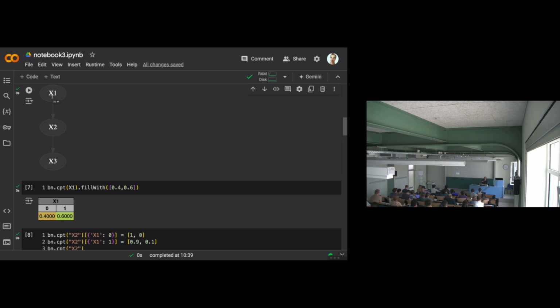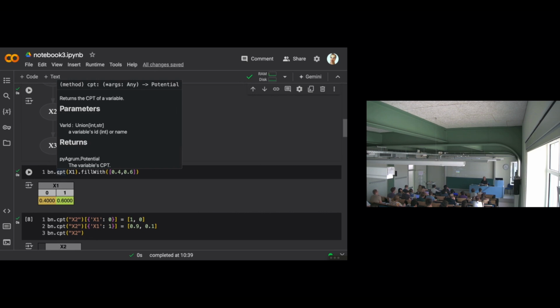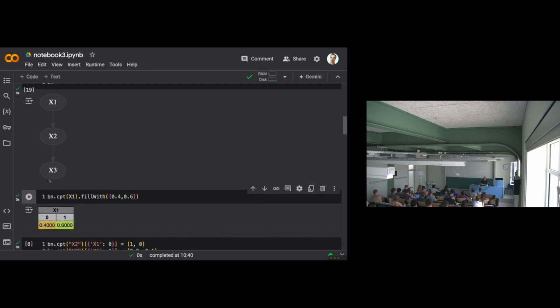I call it conditional, but in practice it's unconditional. It's the marginal probability for x1. Let's say that my expert or my data are telling me that this distribution is 0.4, 0.6. The CPT is a conditional probability table, even if in this case it is unconditional. And this is the model for x1.